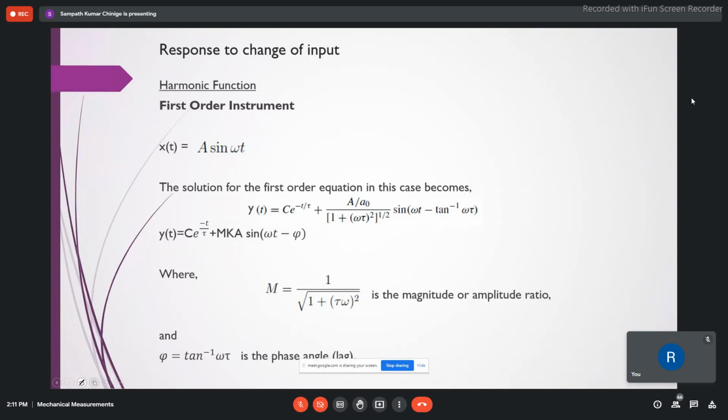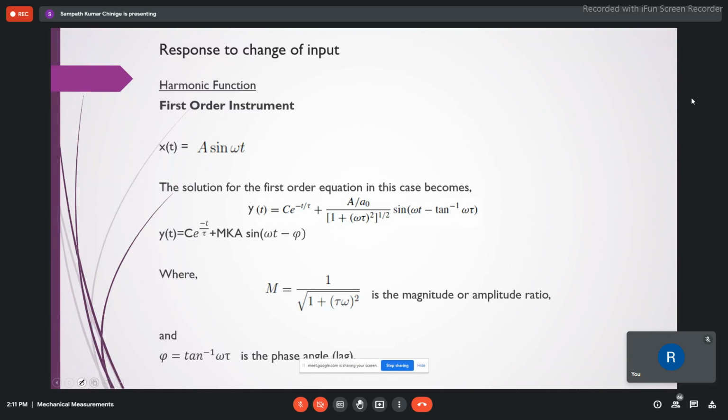So there we would like to see how this can be studied when a harmonic input is given to these systems. Suppose there is a first order system, how will it behave? If there is a second order system, how will it behave? Those things we may be interested to look at. So we can have a look at it now.